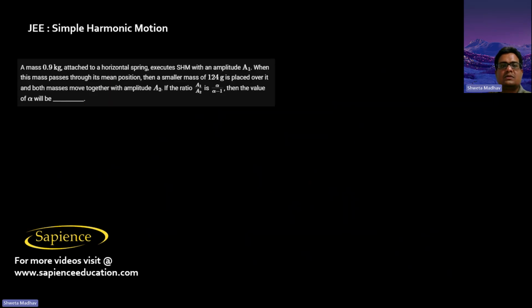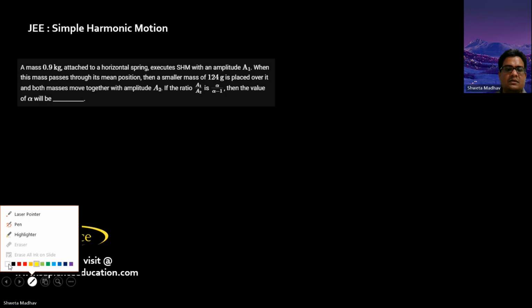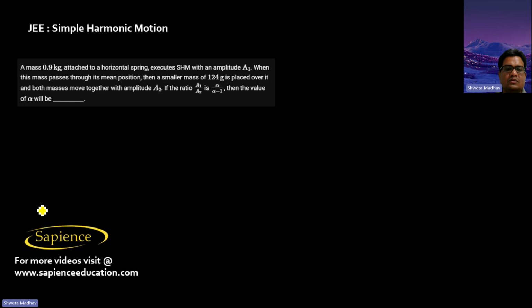Then it is told a mass 0.9 kg attached to a horizontal spring executes SHM with an amplitude A1.